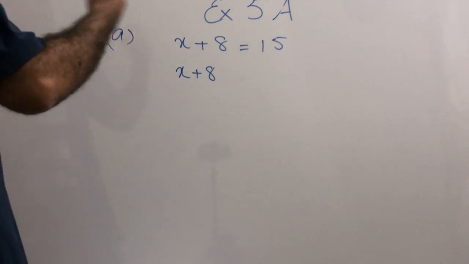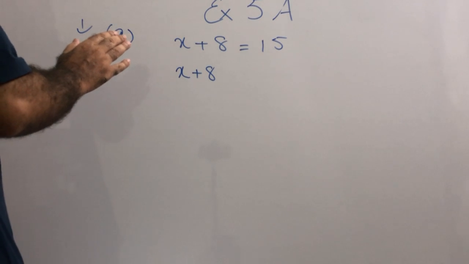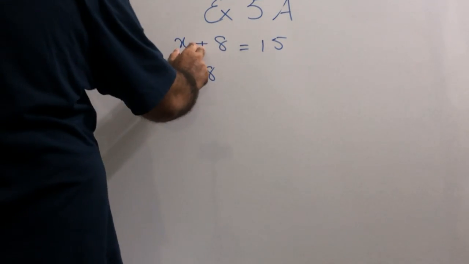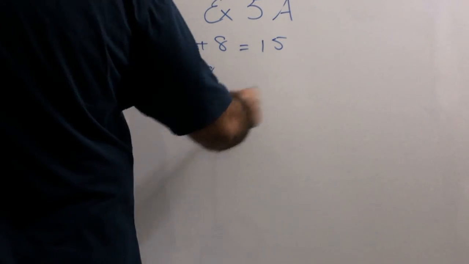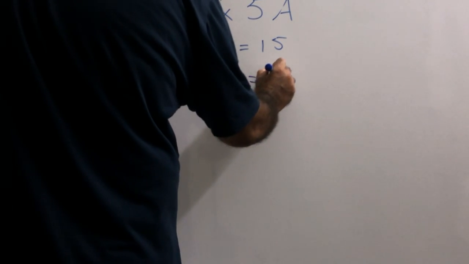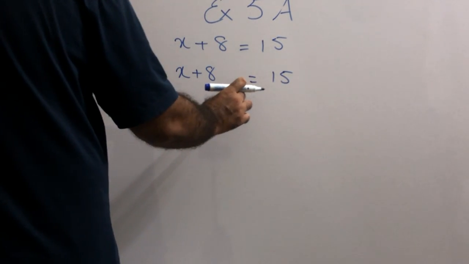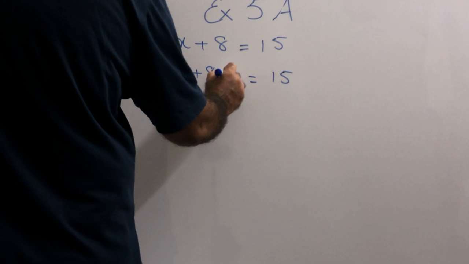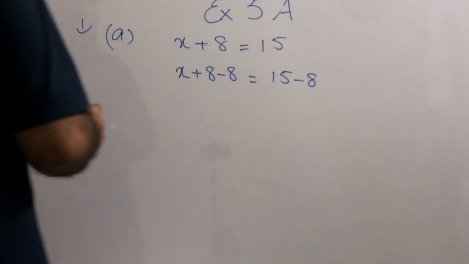we'll do its opposite. On both sides we will do the same operation but opposite. Opposite of plus 8 is minus 8, so we will be doing minus 8 on both sides. These are two sides, this is the equal sign. So we'll do minus 8 here and the same thing here.